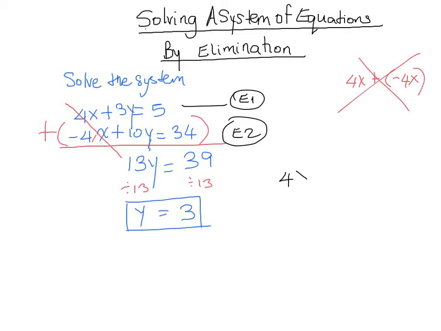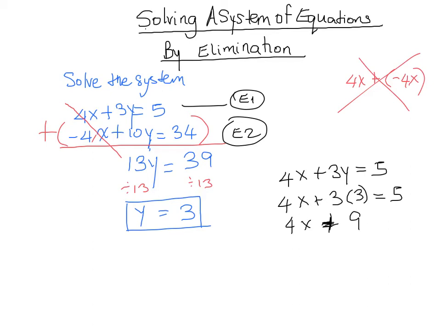And over here, x + 3y = 5. I'm just rewriting our equation. And I'm going to plug in my y and see what x would be. So x plus 3, we know now that y is 3, will give you 5. So x + 3 times 3, which is 9, gives us 5.